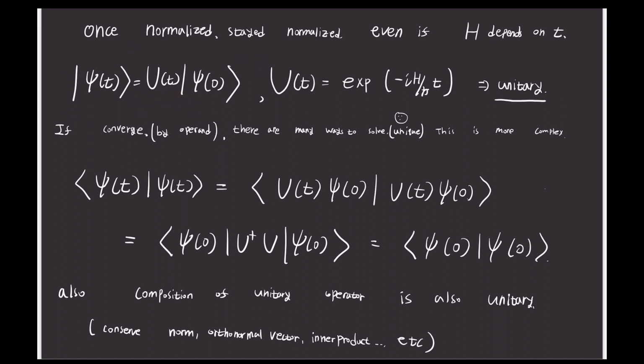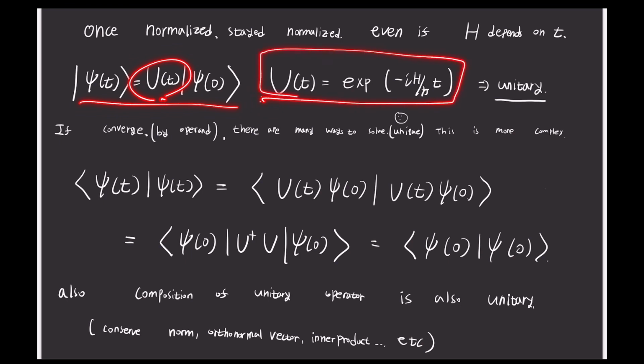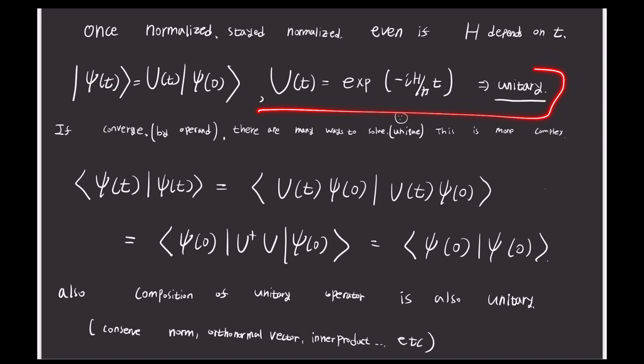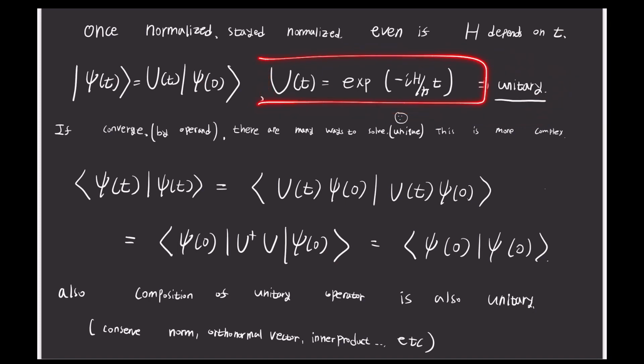And we can write this propagator as this, and this is obviously unitary, right? But this notation is valid if this operation converges, and we have to check the operand too, whether it converges or not.